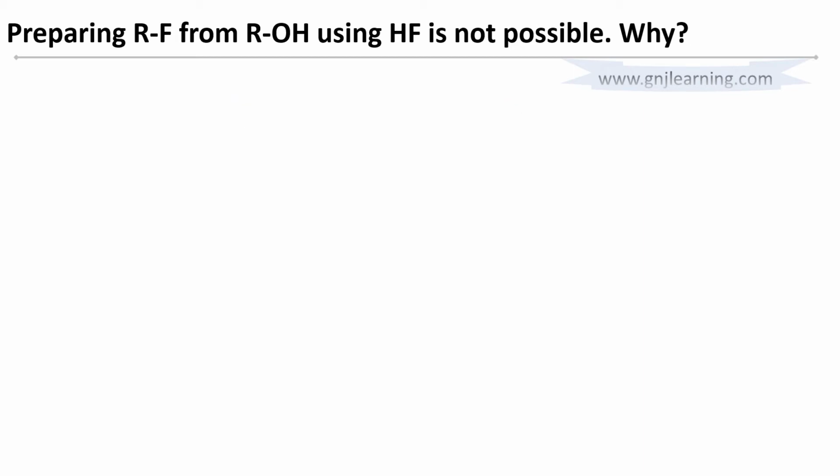Remember that among all the hydrohalic acids, HF is the weakest acid and HI is the strongest acid. In order to replace OH from ROH, the acid must be strong. Clear?